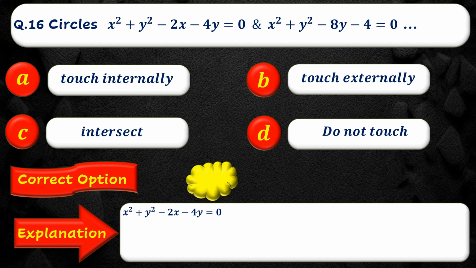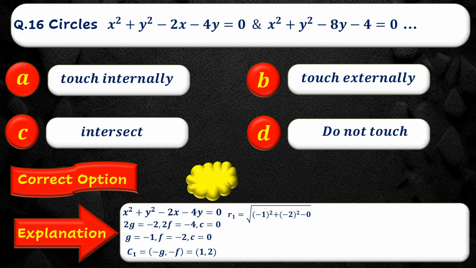We compare it with the general equation of circle and find the radius and center of this circle. Here 2g is equal to -2, 2f is equal to -4, c is equal to 0. Therefore, the values of g, f and c become -1, -2 and 0. The center of first circle is called C1 and it is (1, 2).